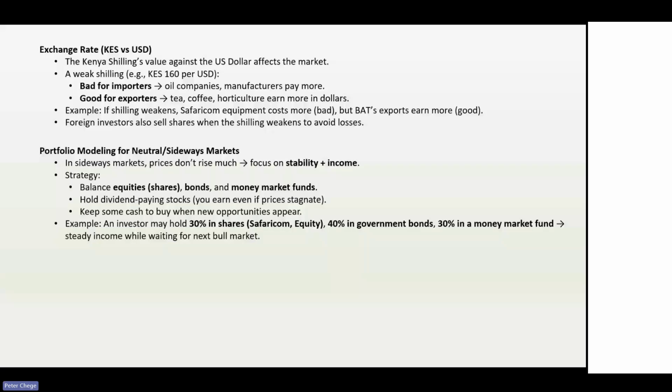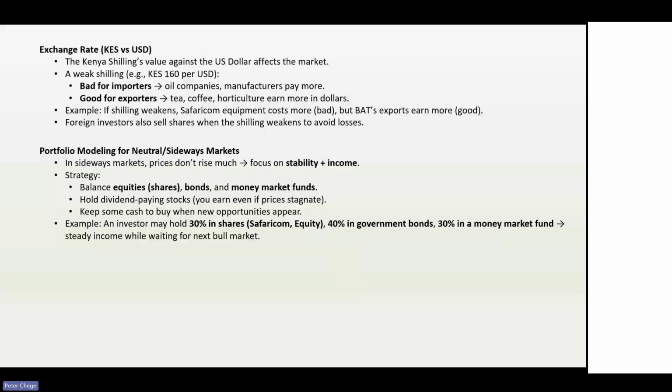During a neutral sideways market, that's when the prices are not fluctuating a lot, you focus on stability and income. Here you have to balance your investment. Put some money in shares, part in bonds, and part in a money market fund.